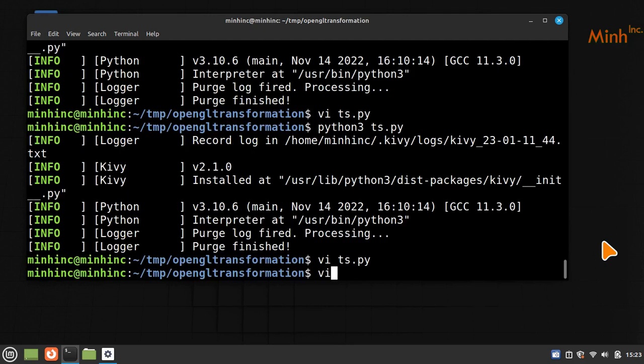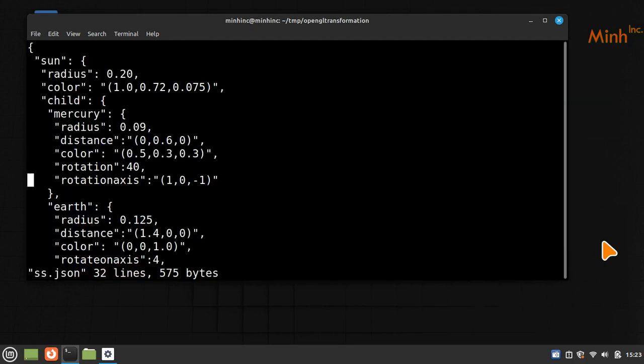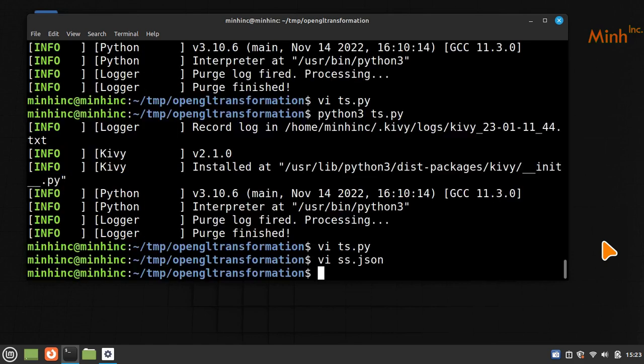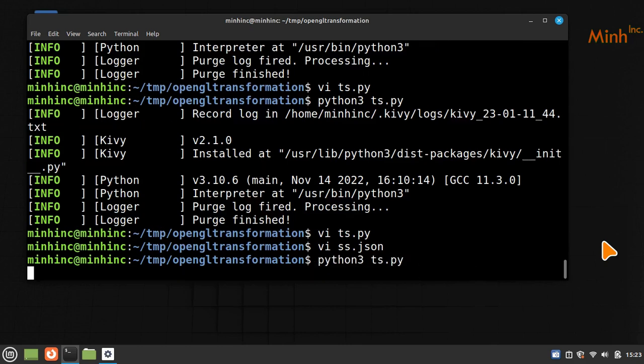So I believe we are not happy with the JSON. Earth is okay, but the distance is still too far, so we'll say 3. The moon distance is 3 from the Earth. Okay, so we'll make it 2 from the Earth, and we'll try again.